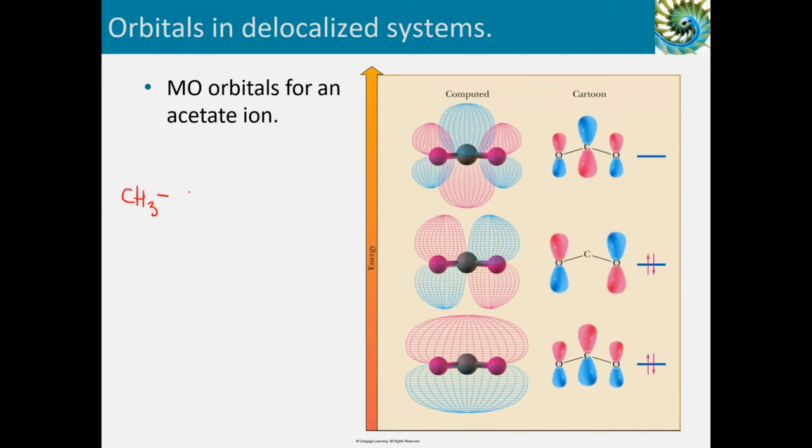So you have CH3, C double bond O, O minus. If you draw the proper Lewis structure, you will find there are 2 lone pairs of electrons on one oxygen, and 3 lone pairs on the oxygen at the bottom.